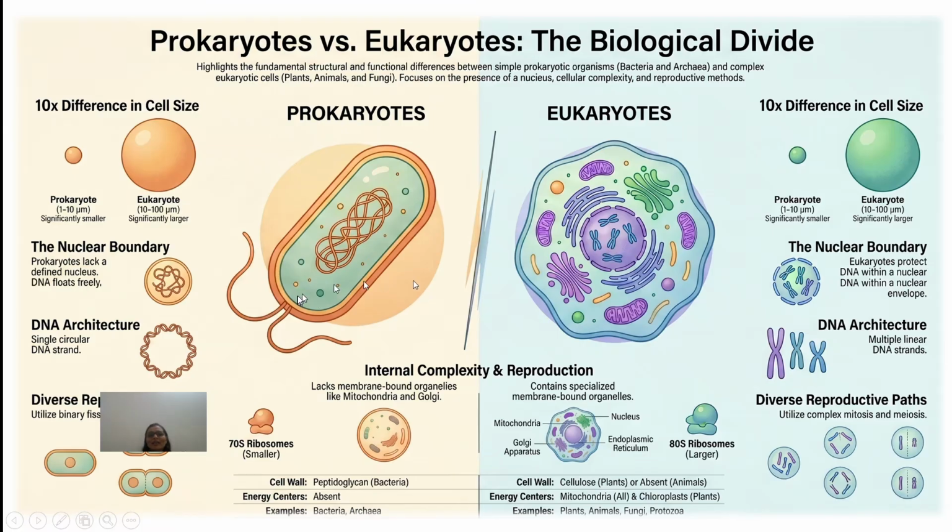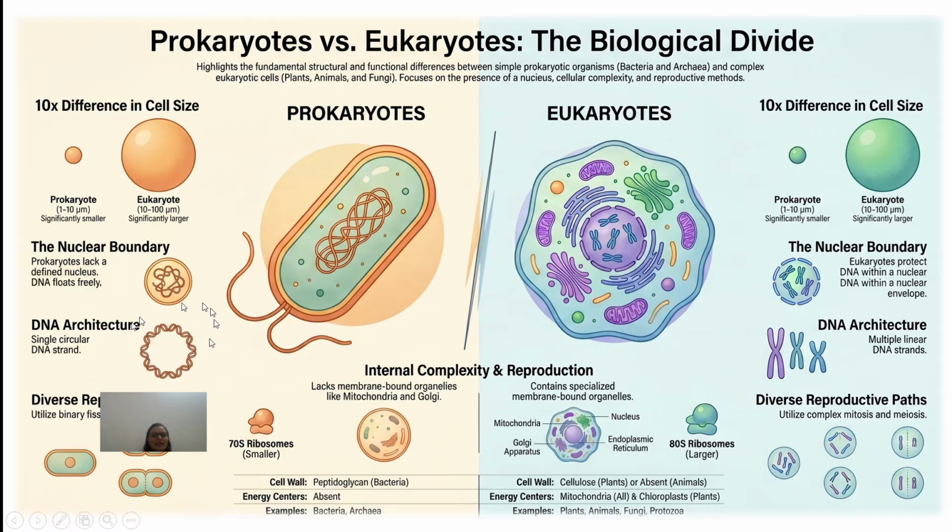So this is the main big difference between prokaryotic and eukaryotic. The exam may ask where the nucleic acid is present in a prokaryotic cell, where no nucleus is present. In prokaryotes it is in the cytoplasm, the nucleoid region, while in eukaryotes it is present in the nucleus.